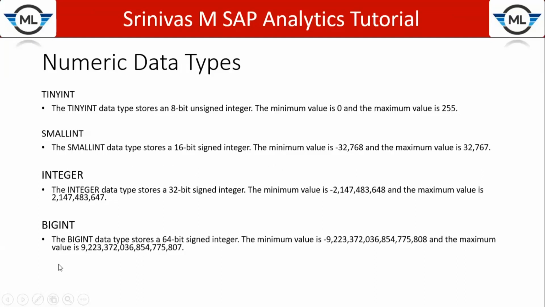Going to big int: big int is also a number which stores a very huge number. This is a number I cannot read, but if you have a requirement to store your value in your column within this number range, then you can go for big int. So this is all about the integer data types: tiny int, small int, integer, big int.